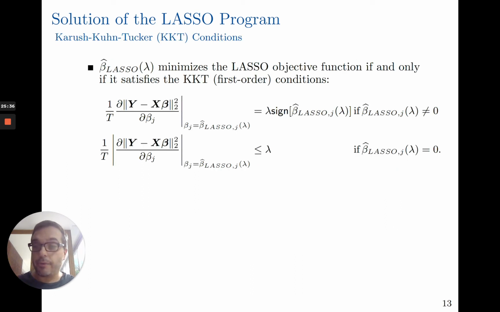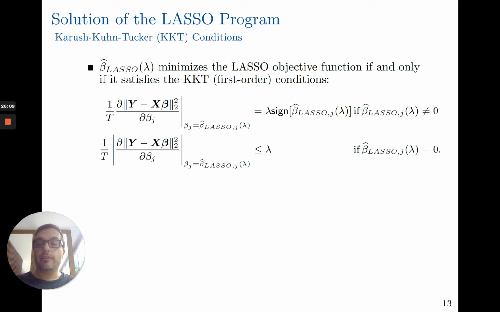So this is a very important slide now. The beta hat lasso minimizes the lasso function if and only if it satisfies the Karush-Kuhn-Tucker conditions, the first order conditions, as in the usual optimization problem where you have differentiability all over the parameter space. But here, instead of just taking simple derivatives, we are going to compute the subgradient.